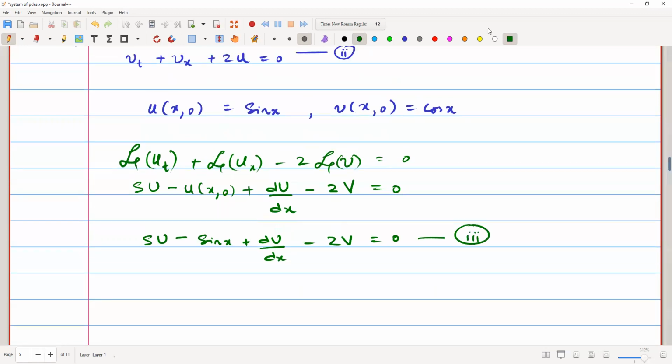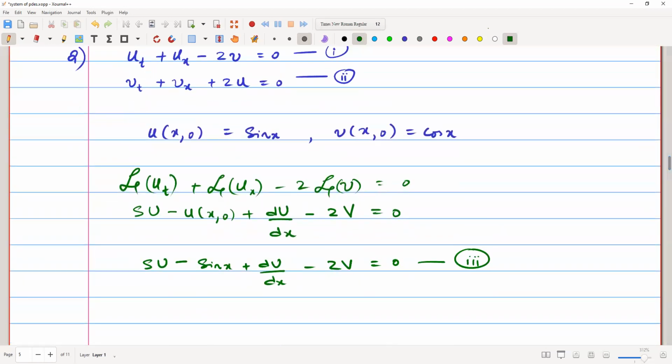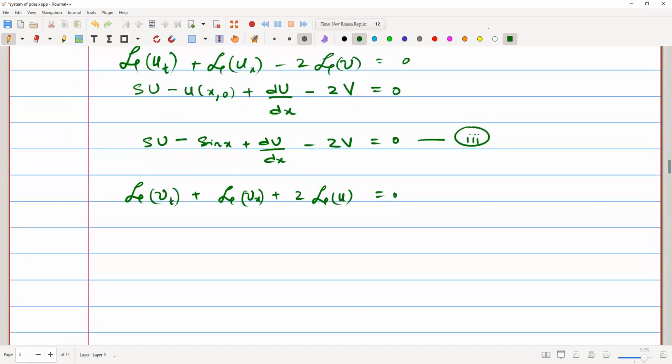Now similarly, applying the Laplace transformation on equation 2, we get L{v_t} + L{v_x} + 2 L{u} = 0. And then we have s v̄ - v(x,0) + dv̄/dx + 2ū = 0.